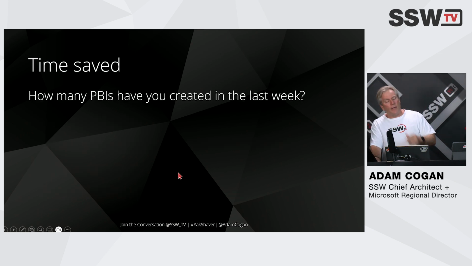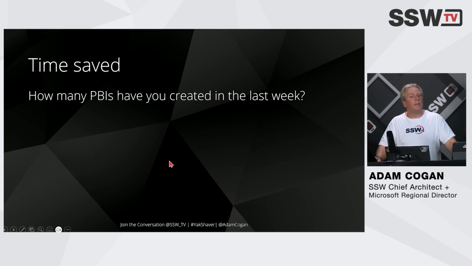So if you think about how many bugs did you report? How many features did you ask for last week? Can I ask how many people did at least a few last week? Okay, so I think I've got the majority of you.